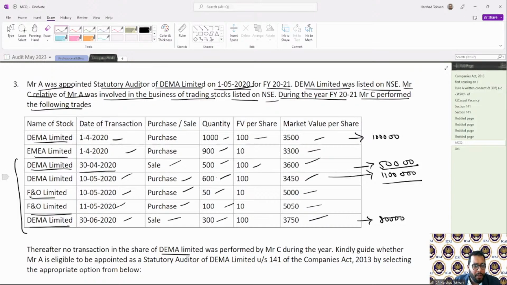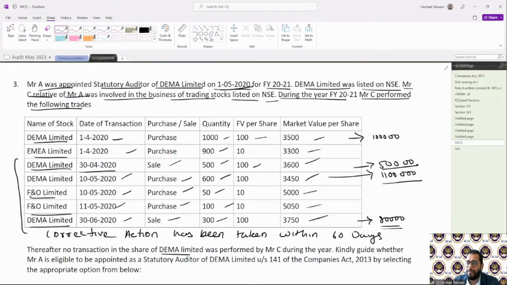So from the date of acquiring additional shares, within 60 days that has been rectified. And hence, the appointment of Mr. A is valid. Clear? So this corrective action has been taken within 60 days, and hence the appointment will remain valid.